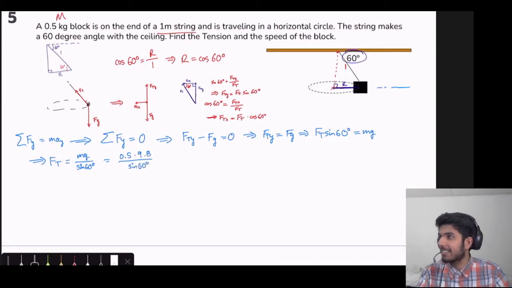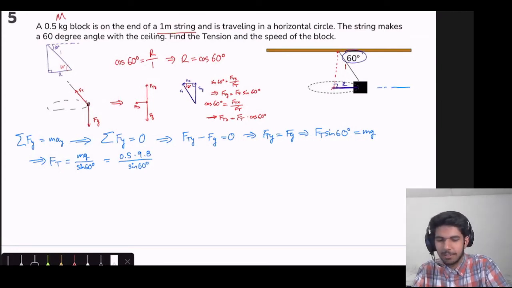I don't have this, unfortunately, but let me just compute this really quickly. 0.5 times 9.8 divided by sine of 60 degrees. What do we get? This should be equal to 5.66, and our units are newtons.